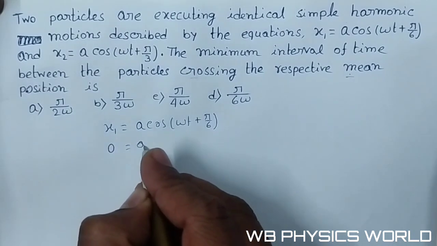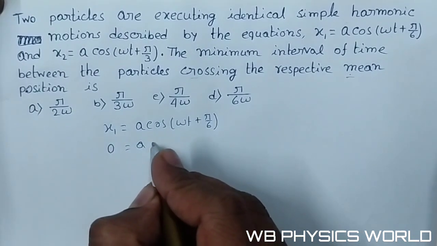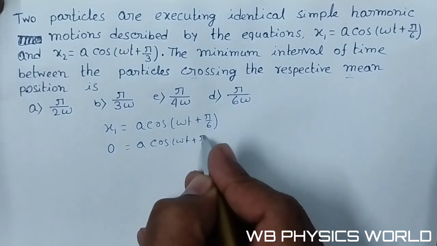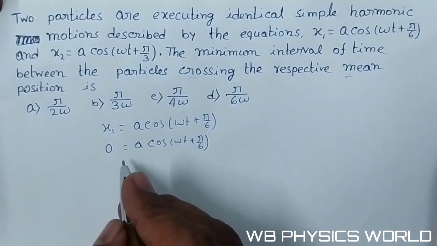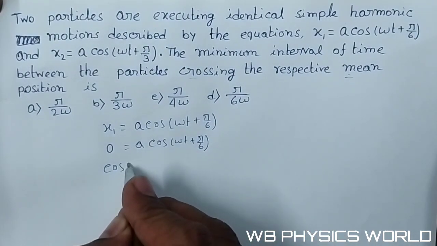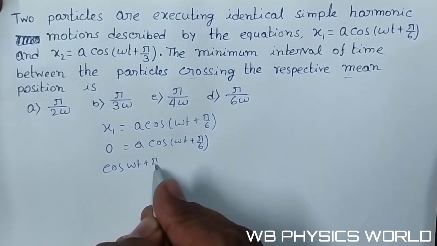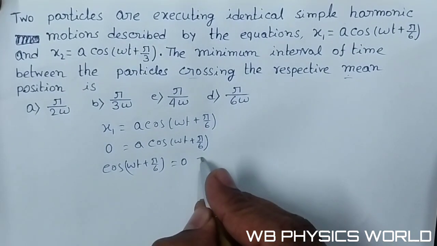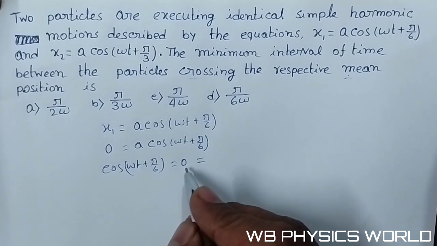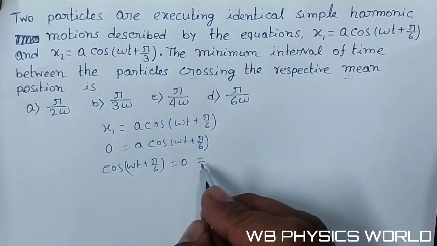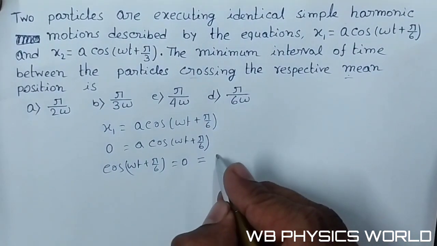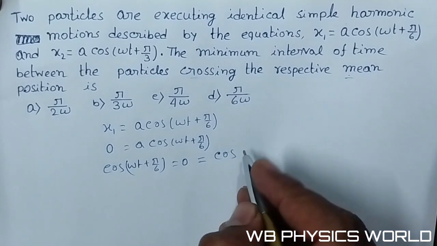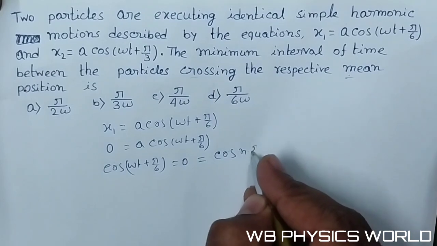So x1 is 0, so 0 equal to a cos(omega t plus pi by 6). Now cos(omega t plus pi by 6) equal to 0, and we know that the value of cosine is 0 when the angle is an odd multiple of pi by 2.